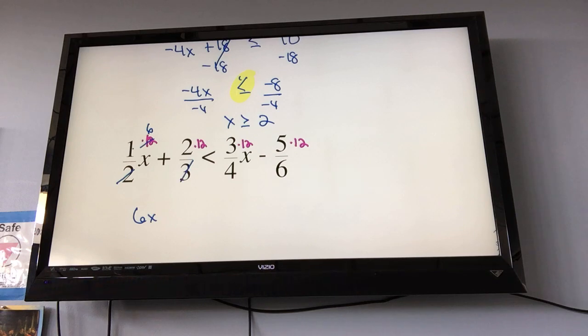And then 3 cancels, divides into 12 4 times, and I have 4 times 2, which is 8, is less than. 4 cancels, divides into 12 3 times, and then I have 3 times the 3x that's there, 9x, minus 6 cancels, divides into 12 2 times, and I have 5 times 2, which is 10.